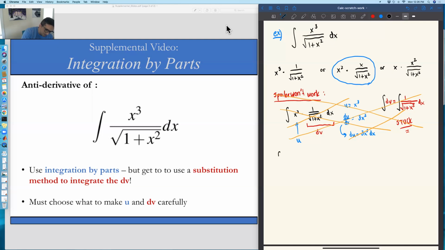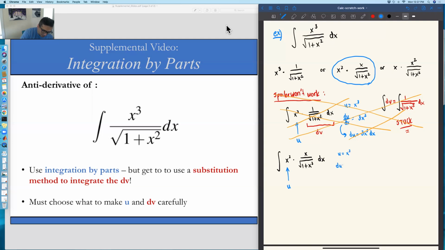This middle case looks like x squared times 1 over the square root of 1 plus x squared dx. We're going to continue our convention of letting that polynomial be the thing we differentiate. So u in this case would be x squared.